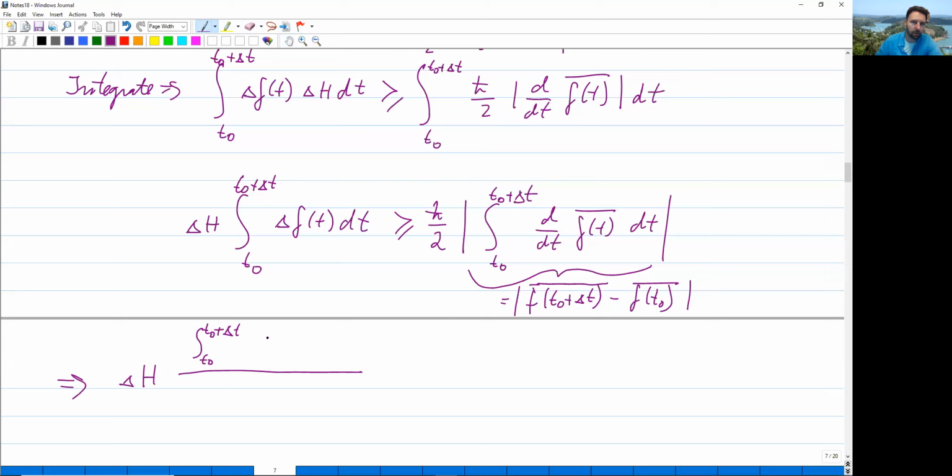I know this is going to look ugly, but give me a sec and you will see it all becomes very beautiful. Divided by f bar of t naught plus delta t minus f bar of t naught, larger equal to h bar over 2.